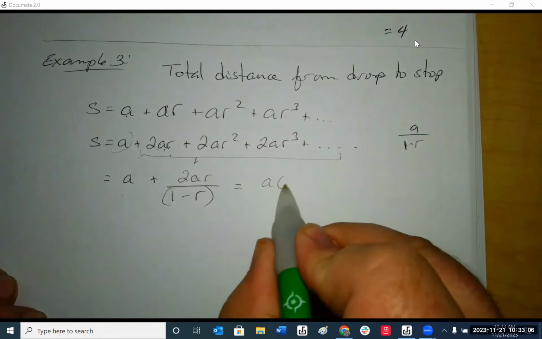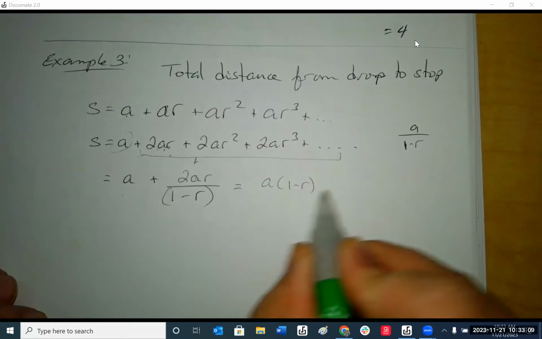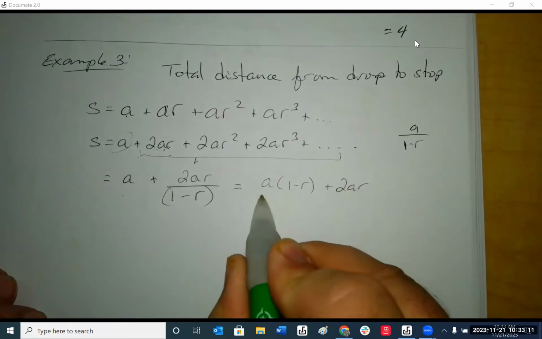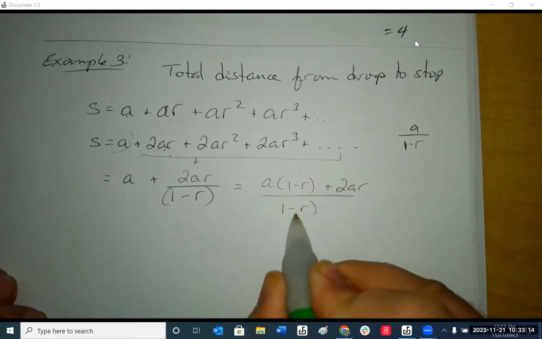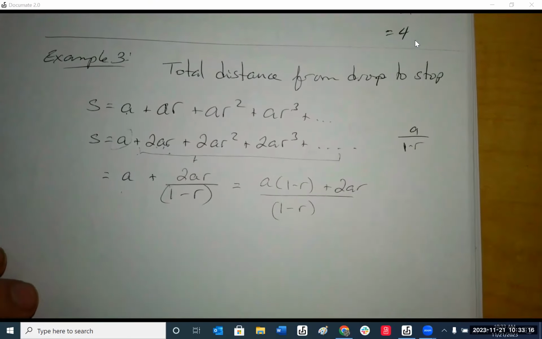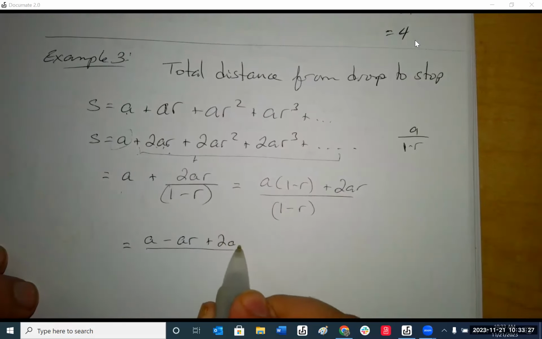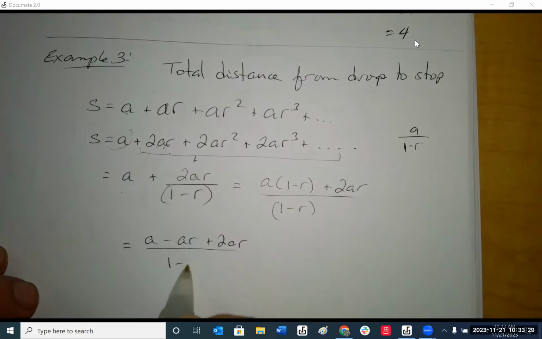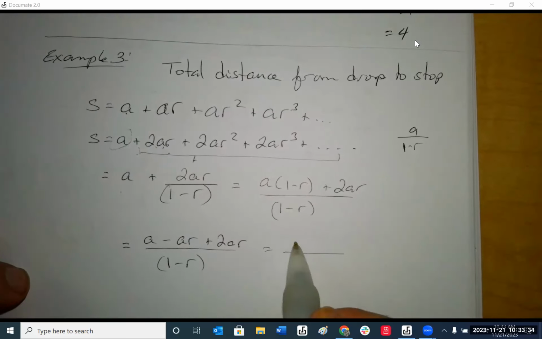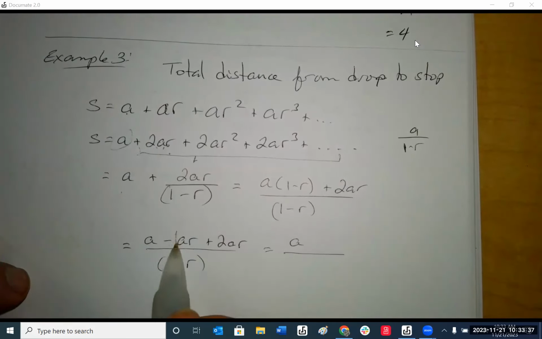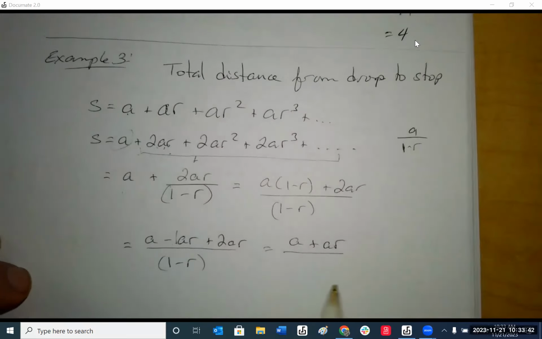So we have A times 1 minus R plus 2AR over 1 minus R. A minus AR plus 2AR over 1 minus R. Negative 1 AR plus 2AR is a positive 1 AR.